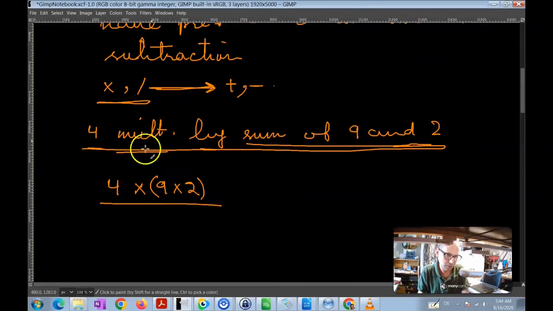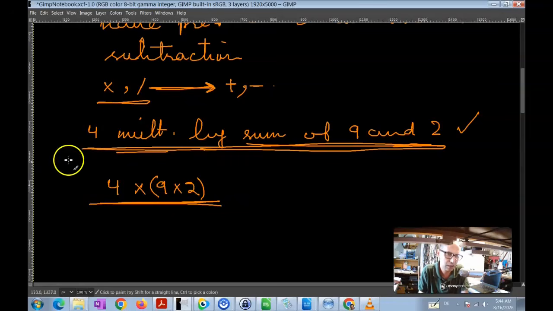And based on the fact that I had this in mind, and based on that I wrote this expression, I have to follow the exact same rules in evaluating this expression.